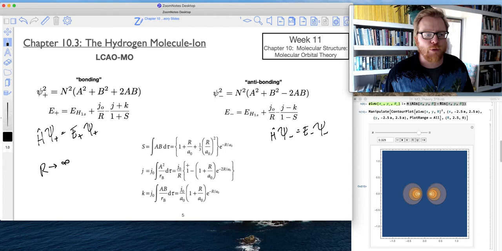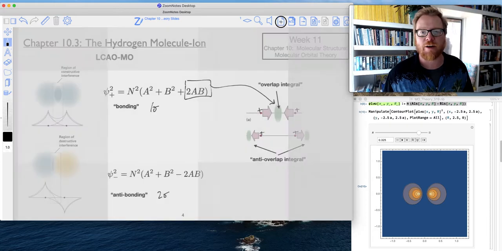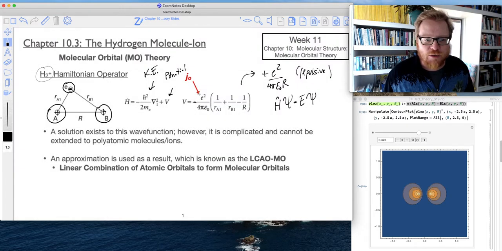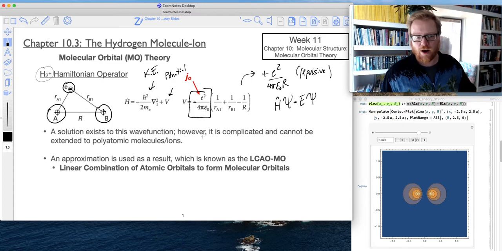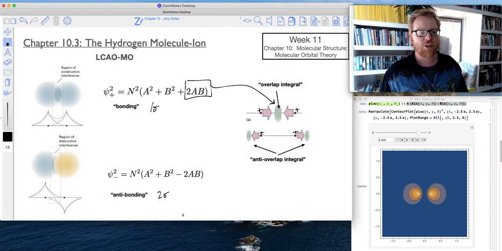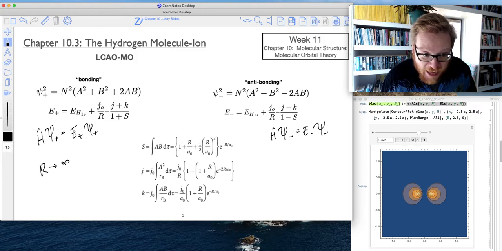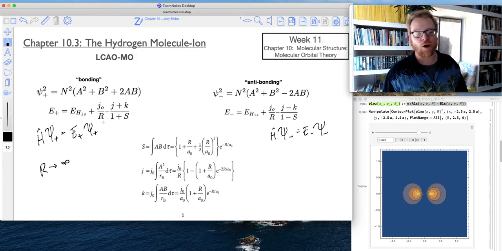Well, if you were to follow through all of these solutions right here, and I think that I actually forgot to even mention that J0 on that very first slide, right? J0 is this collection of constants that we'll see quite often for Coulomb's law, e squared divided by 4 pi epsilon naught. Apologies for forgetting to mention that. So here's that collection of constants right there divided by R, okay?